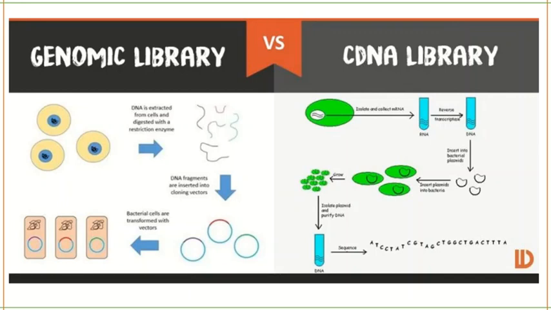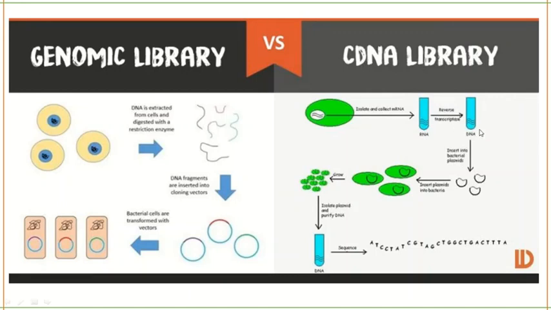Okay, so this is the genomic DNA library versus cDNA library. All the steps have been given in this. This is the organism from which you extract the genomic DNA, restrict it, insert it inside a vector, and transform it into a bacteria to get the genomic DNA library. That's it. For a cDNA library, you obtain mRNA and convert it into cDNA using reverse transcriptase.